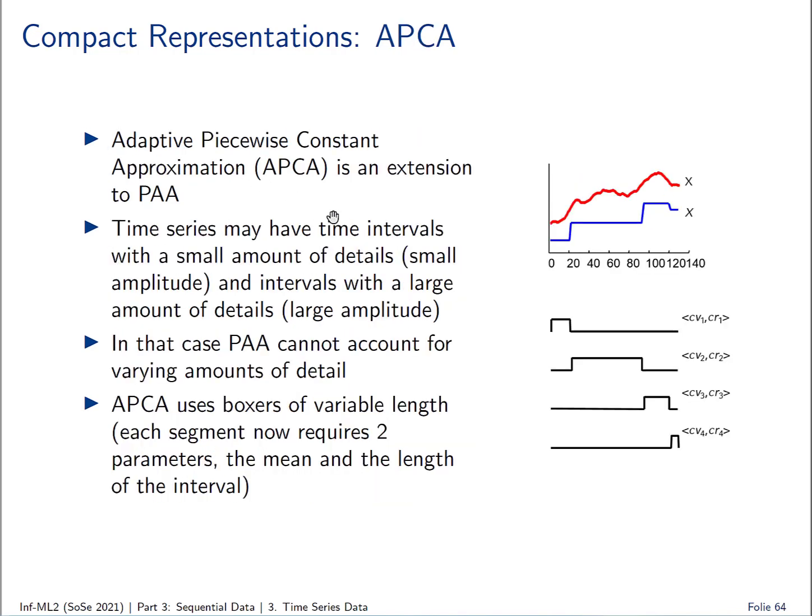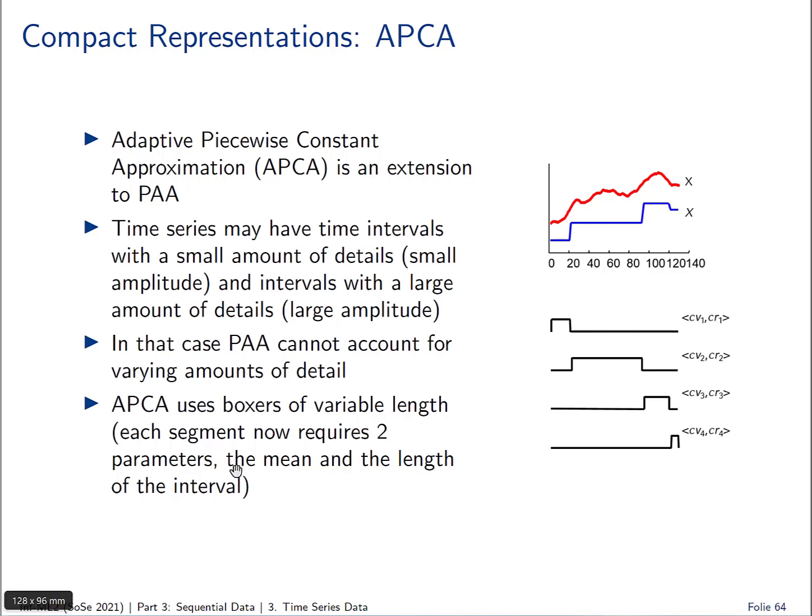Adaptive piecewise constant approximation is an extension to PAA, to this one here, obviously, where the boxes may have different time intervals. Because in case of PAA we cannot account for different amounts of detail, and adaptive piecewise constant approximation (APCA) allows boxes of variable length.